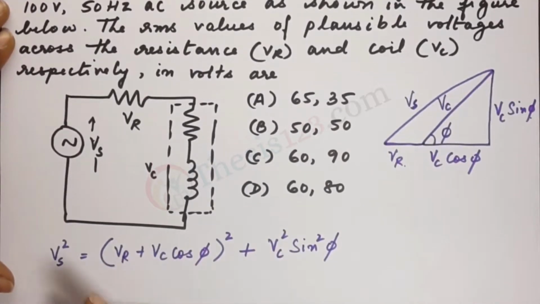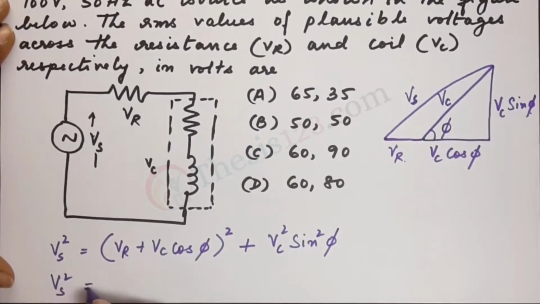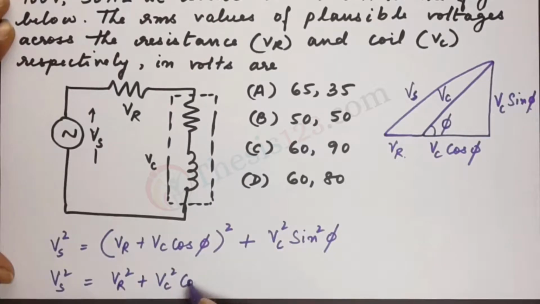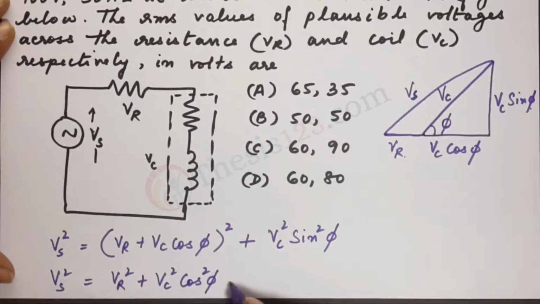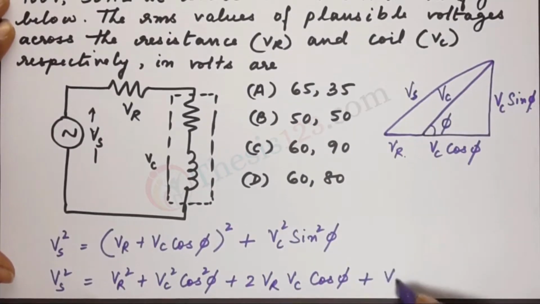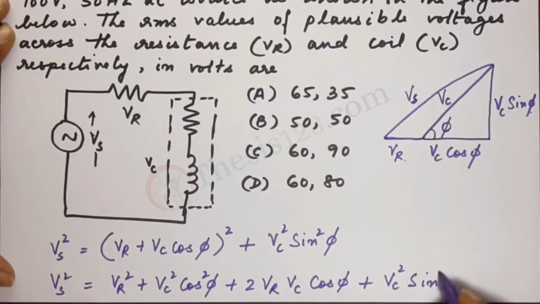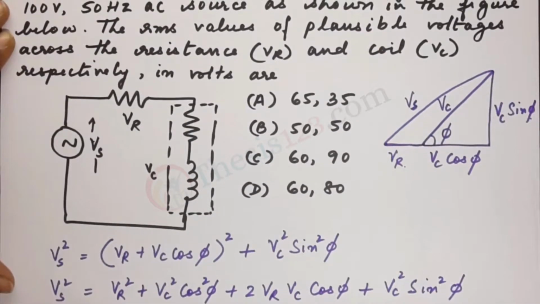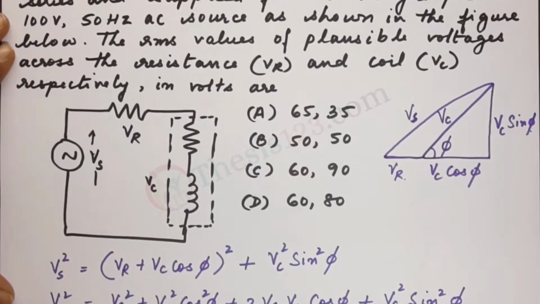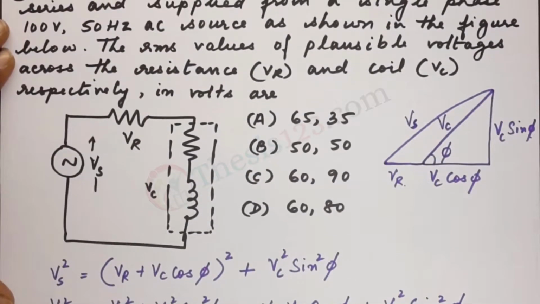If we expand this, we get VR square plus VC square cos square phi plus 2 VR VC cos phi plus VC square sin square phi.